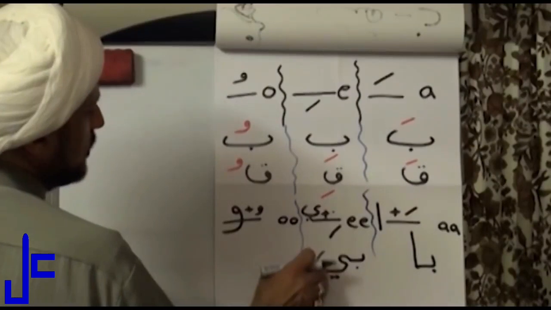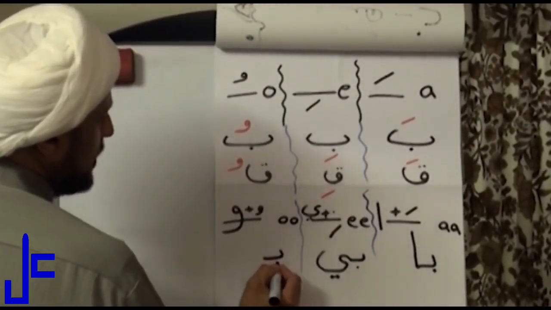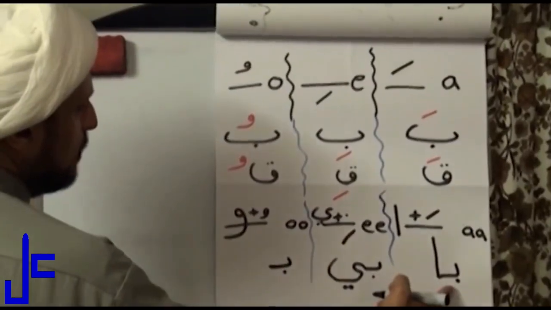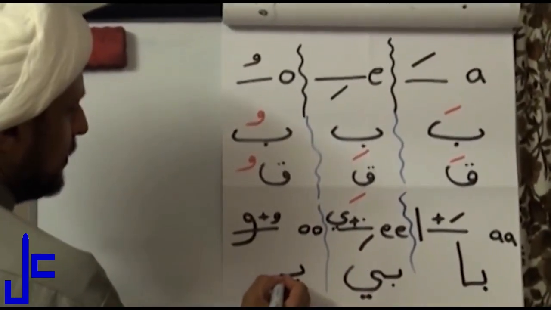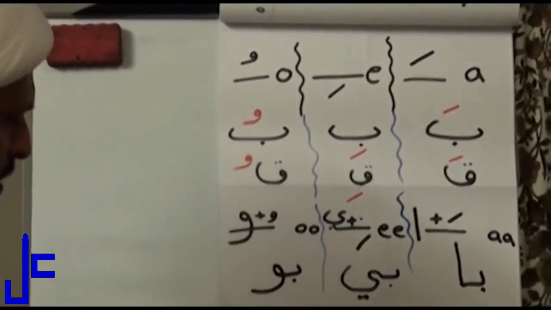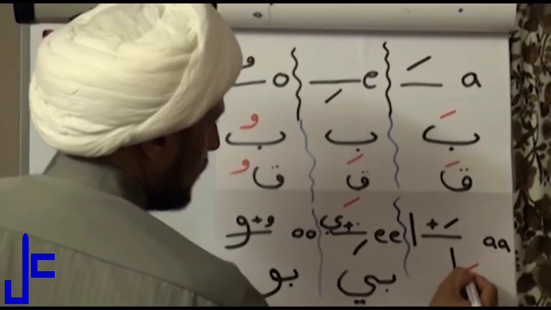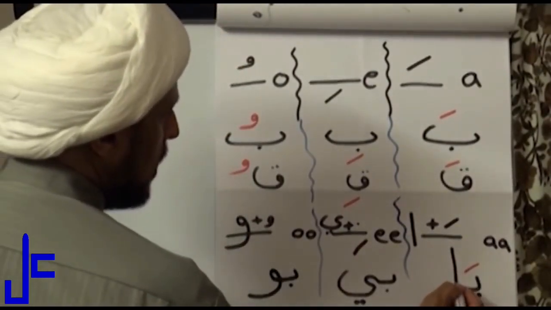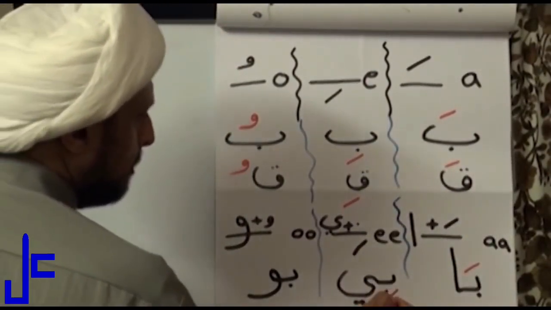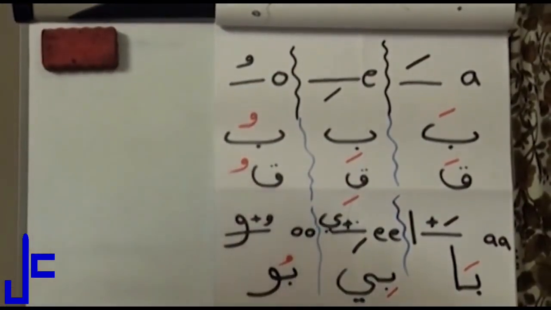So we are not going to cut the tail of the ya. And then ba, we'll cut the tail, and we'll put wow. So now we have baa, bee, boo.